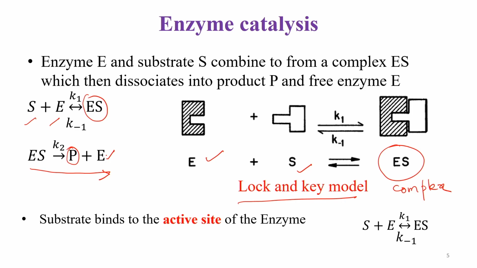So, initially we started with enzyme, then the enzyme substrate complex, and again there is an enzyme. And what is the key here? The substrate binds at the active site of the enzyme.